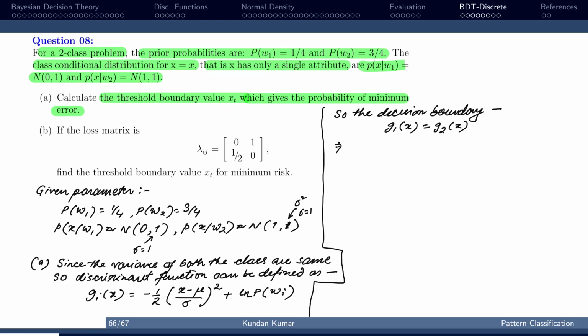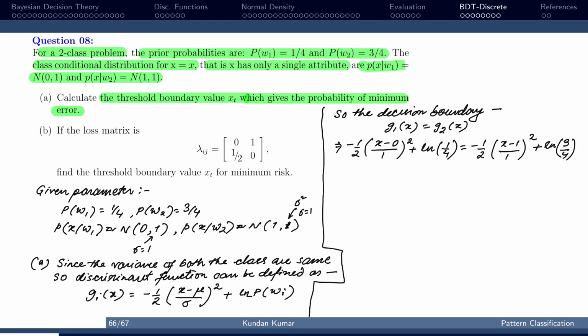So it will be minus 1 by 2 (x minus 0), because the mean value is 0, and sigma is 1, square, plus ln the prior probability of class 1, that is 1 by 4, equal to minus 1 by 2 (x minus 1), because for class 2 we have mean value equal to 1 and standard deviation 1, square, plus ln prior probability of class 2.